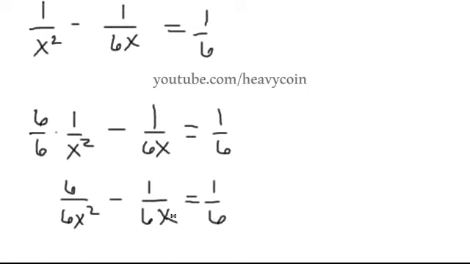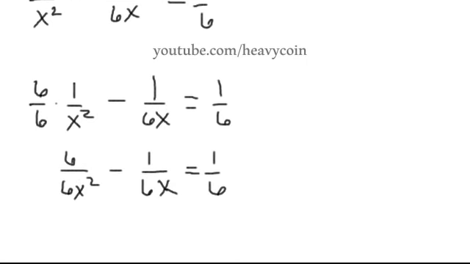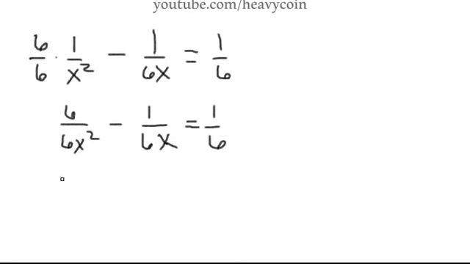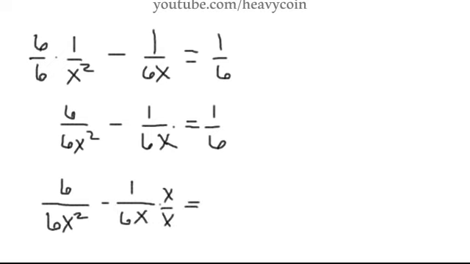Alright. Now I need 2 x's right here, and of course what I'm going to do to get that is multiply x over x here. So I'll go ahead and write a 1. So I'm going to multiply x over x, equals 1/6.